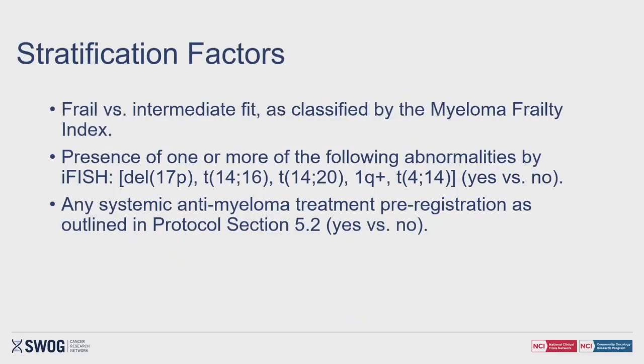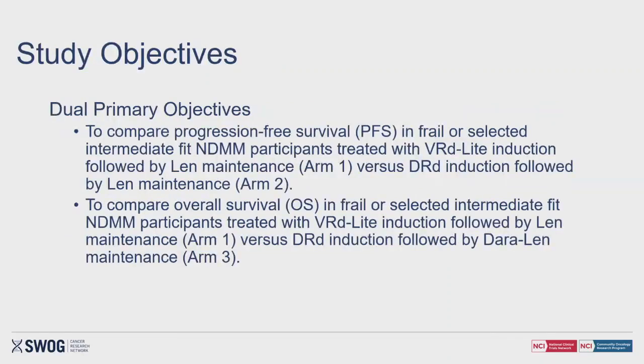Patients have to be frail or intermediate fit. There's an online assessment according to the Palumbo criteria. Next slide. And these are the primary objectives, looking at PFS, arm 1 versus arm 2, and OS, arm 1 versus 3, which is the difference in the different maintenance arms.